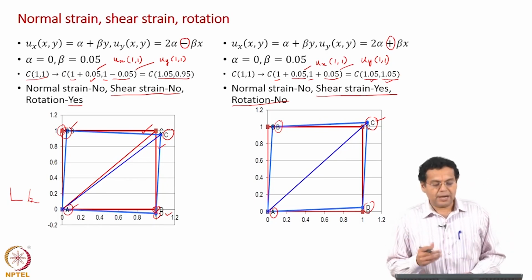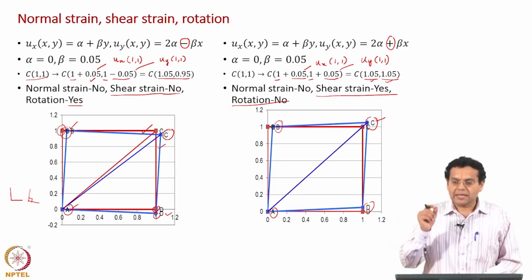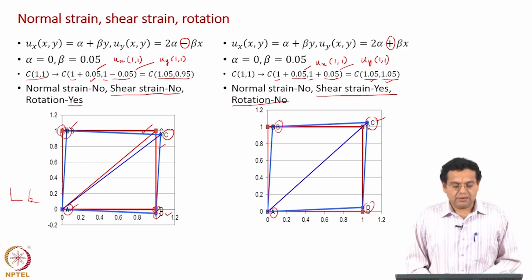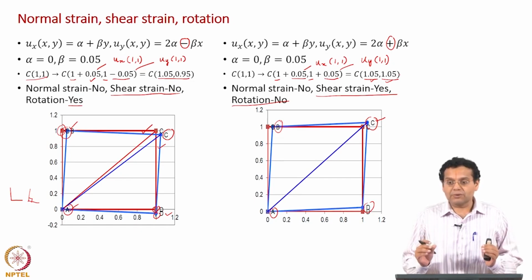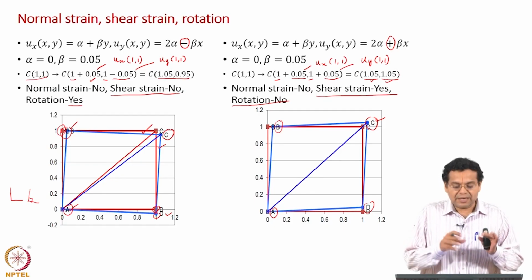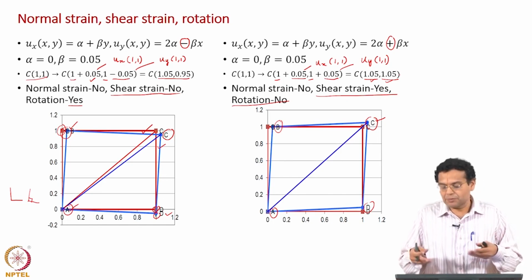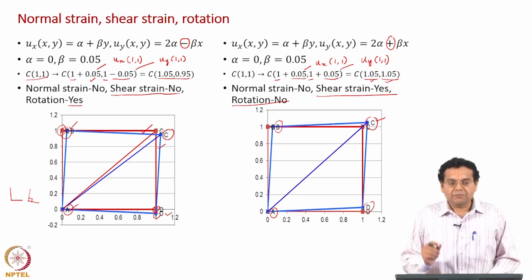Now, going back to the objective, what did we say? Given a displacement field, we should be able to tell about normal strain, shear strain and rotation. That is what we have done, talked about translation also. Now, what we have done is qualitatively by demonstration, finding out coordinates, looking at the figure, etc. We are going to do this quantitatively, that is our objective.